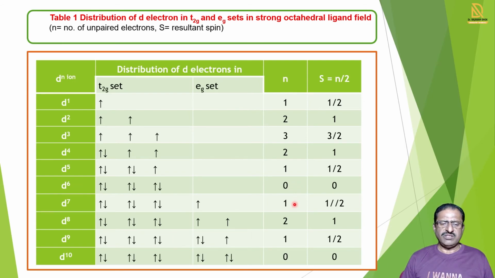From that we can calculate the resultant spin, which is calculated as n divided by 2, and that is given in this table.